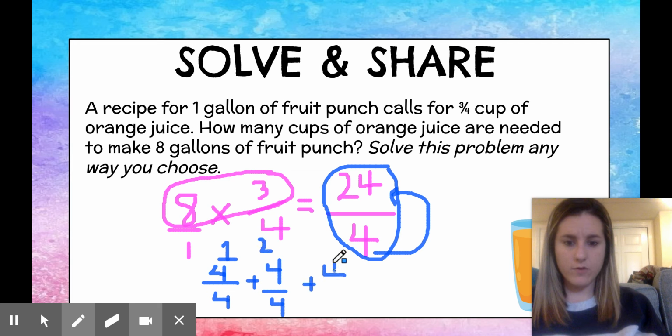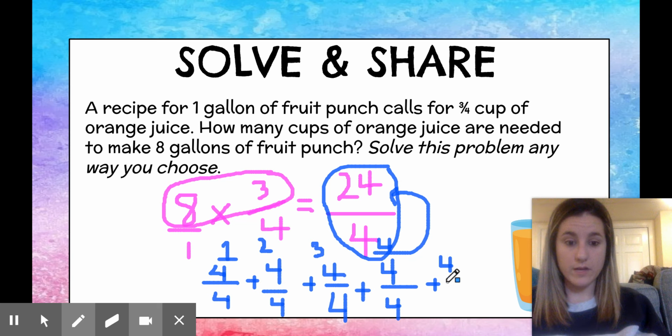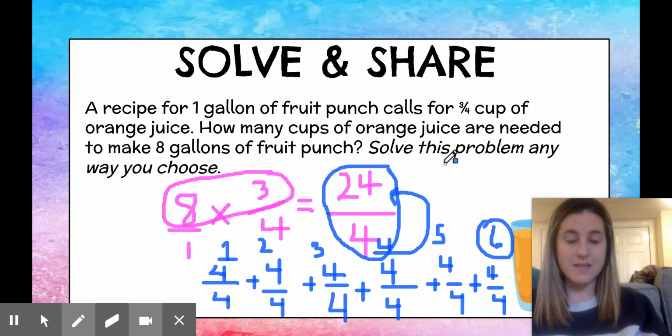Another 4/4 would be 12/4, that would equal 3. Another 4/4 would be 16/4, and that would make a whole number of 4. Another 4/4 would make 20/4, or a whole number of 5, and I can even go again, which brings me right to 24/4, or an even whole number of 6.